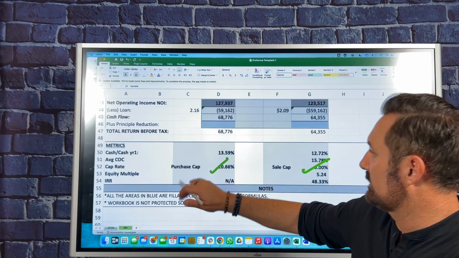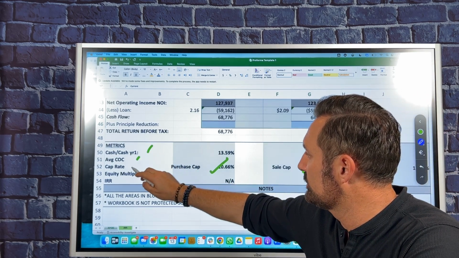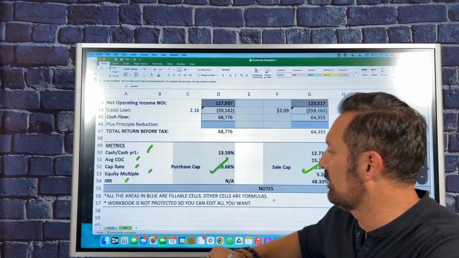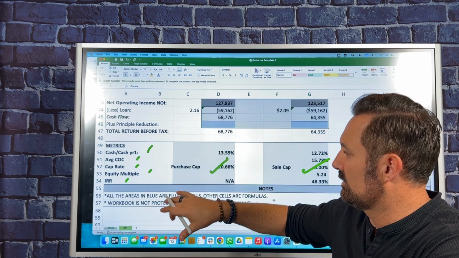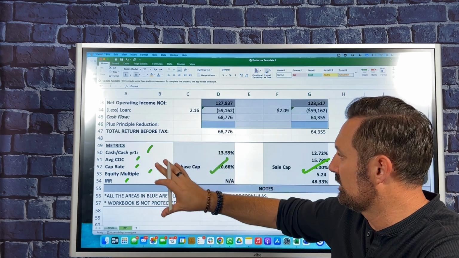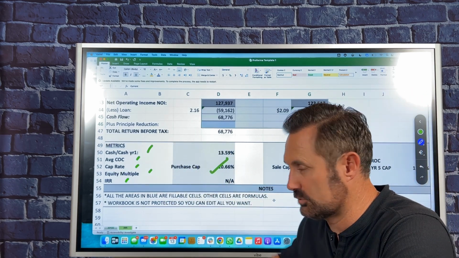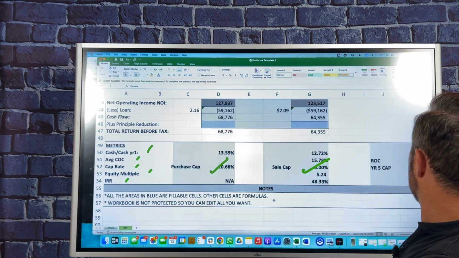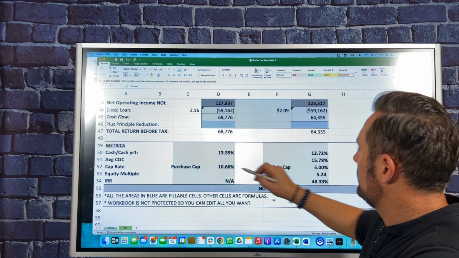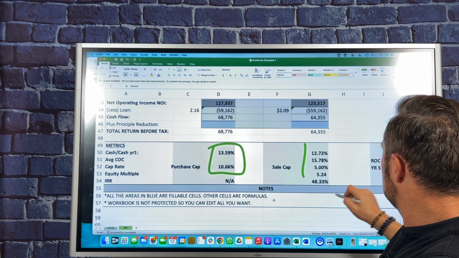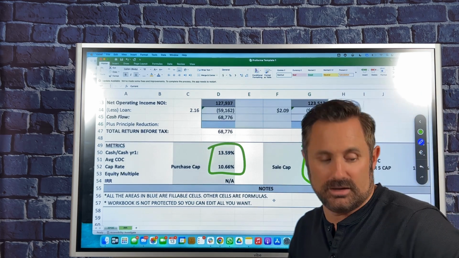These are some metrics, right? Cash on cash, average, cap rates, equity multiple, IRR. And we get into this in our programs and mentorships and all that. I'm not going to dive into the details on how those work. But no. It just does. 48% IRR, yeah, right.